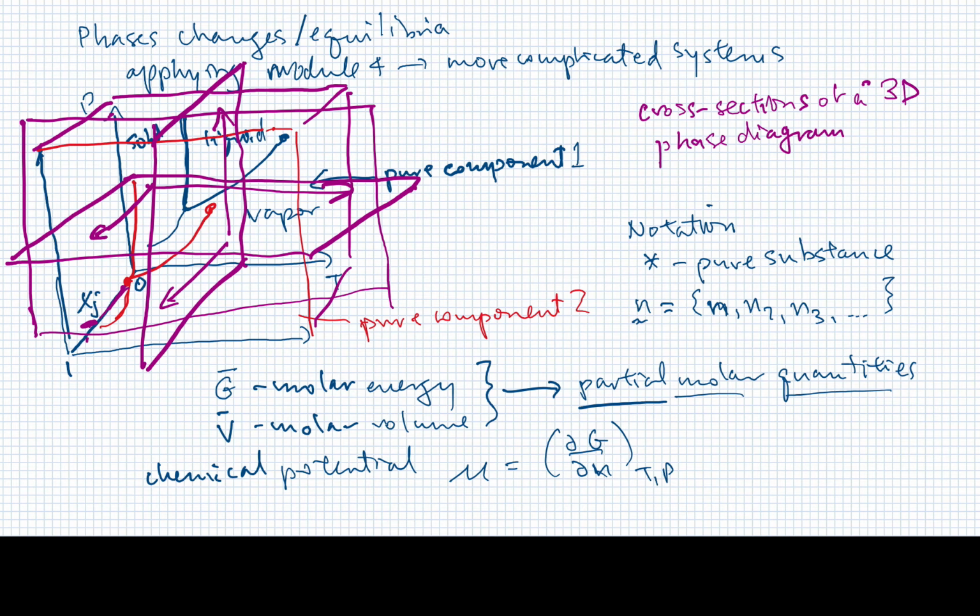Now, in the case of multi-components, we're going to specify that the chemical potential refers to a particular component and that the partial derivative is done with respect to the moles of that component with all of the others held constant. So there are some subtle differences there, and we'll talk about those as we talk about partial molar quantities. I hope this has given you a good feel for what to expect in this module, and that it will help you understand some of the lessons that you'll see in the upcoming text segments and videos.